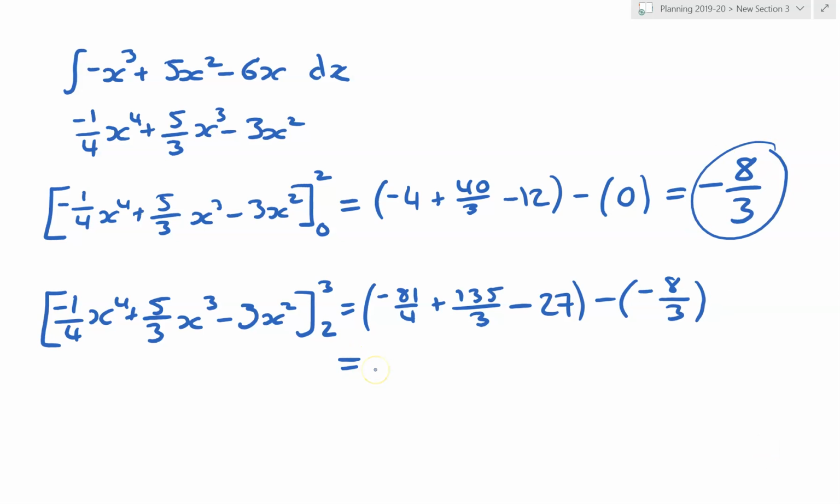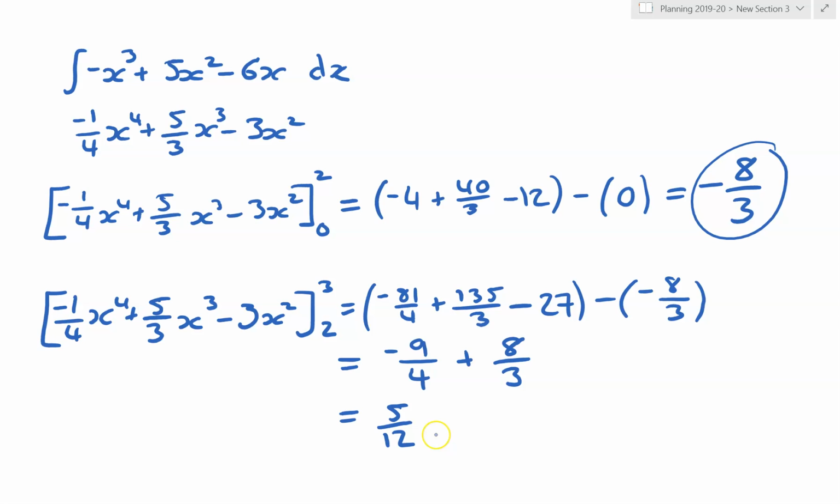Okay, so that is going to give me, go back on my calculator and work it out, -9/4 plus 8/3. There we go. That makes 5/12.